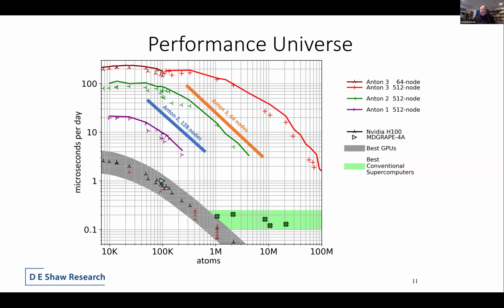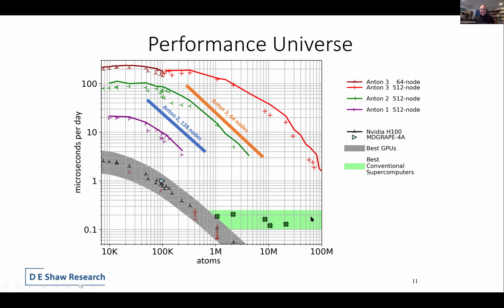Basically, GPUs haven't yet figured out how to get any speedup over one GPU. There are some 4 and 8 node GPU numbers in here, but they're no faster than the H100. So they're at this line, which is basically as fast as one GPU can run, and it gets faster with each generation. But on a log plot, that's only like 1.5 or 2x faster on each generation. It's going to take them a while.